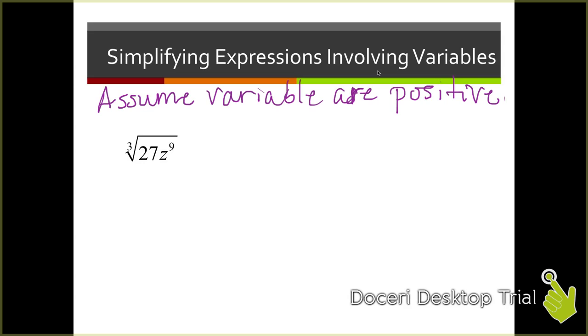Because if they didn't, then we would have to be extra careful about taking even roots when odd numbers are around, and that just gets too confusing. So we're going to assume that our variables are always going to be positive unless you're told differently in the problem.